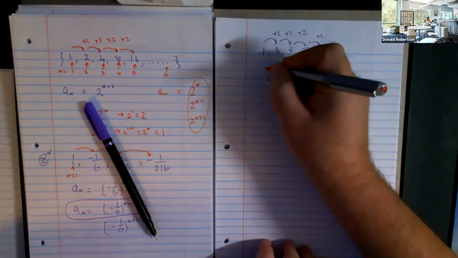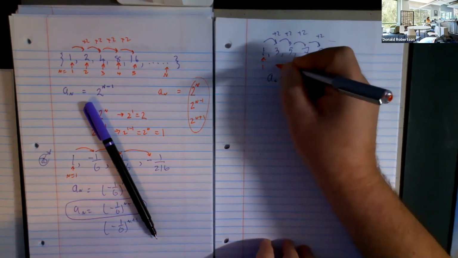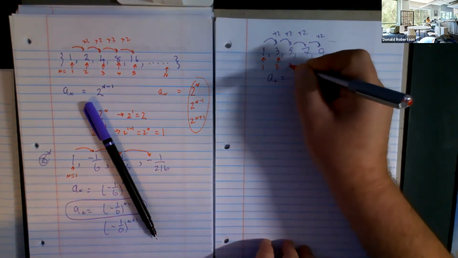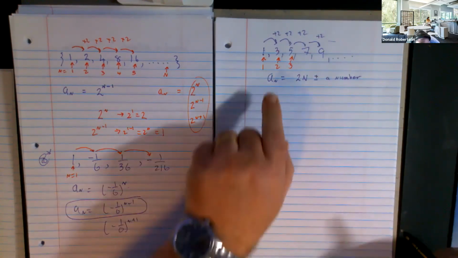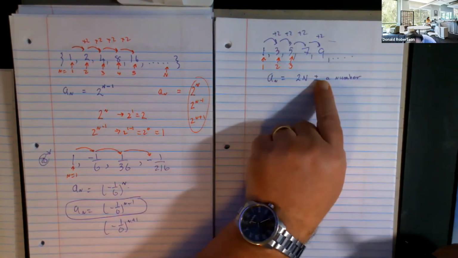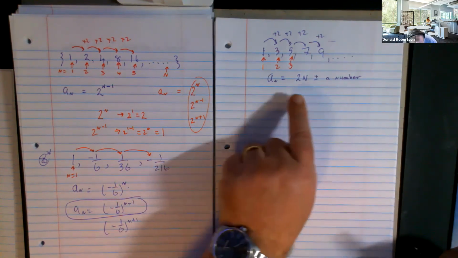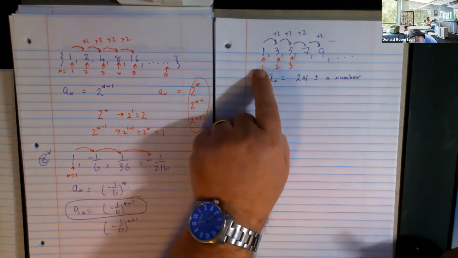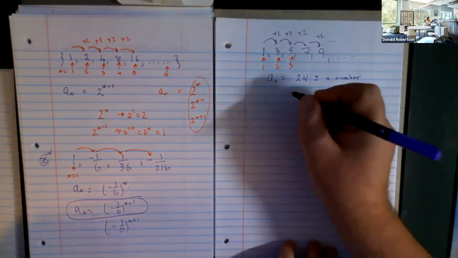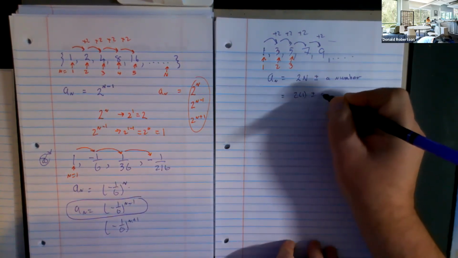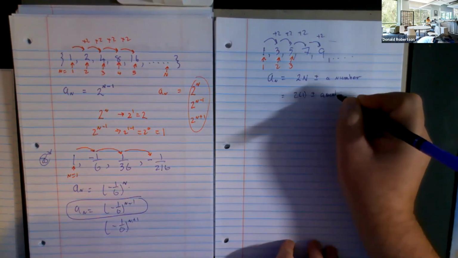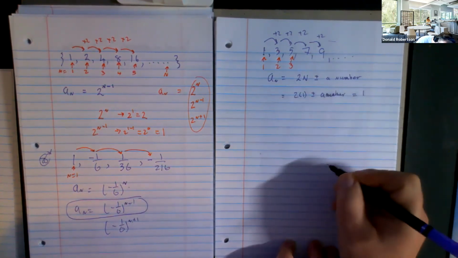Now, 1 gets you 1, 2 gets you 3, 3 gets you 5. So all I need to do is figure out what number I need to add or subtract so that when you plug in 1, the answer is 1. Well, if you plug in 1 here, you get 2 lots of 1 plus or minus a number, and it has to equal 1.